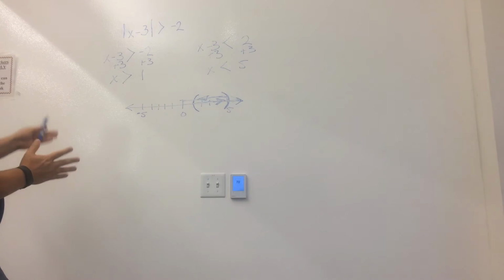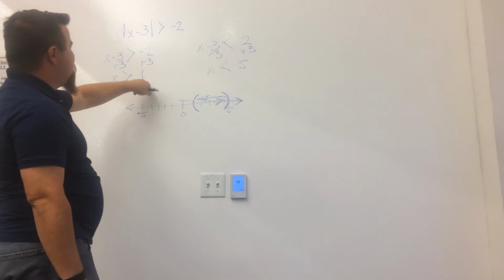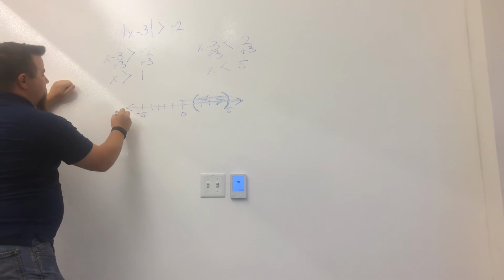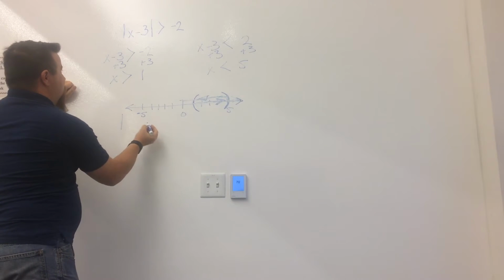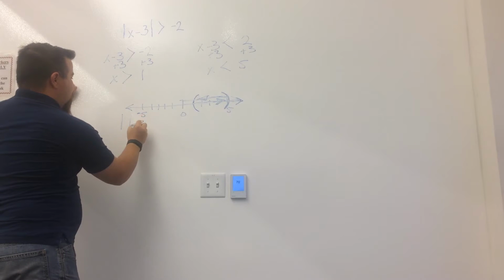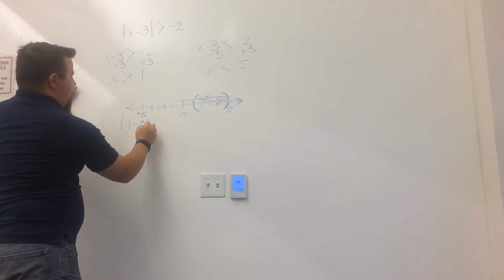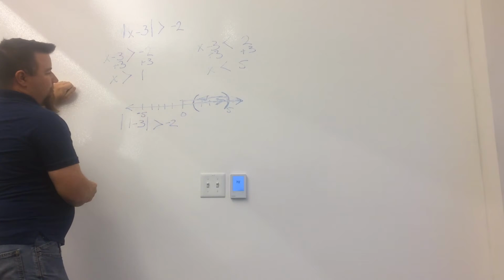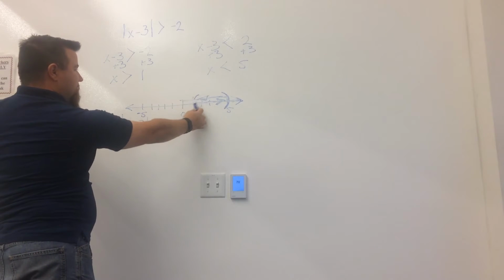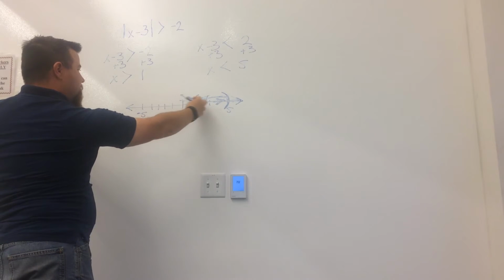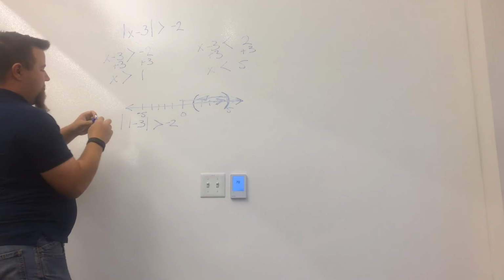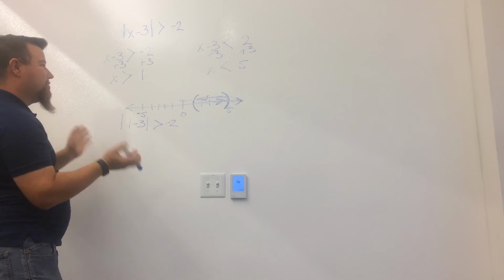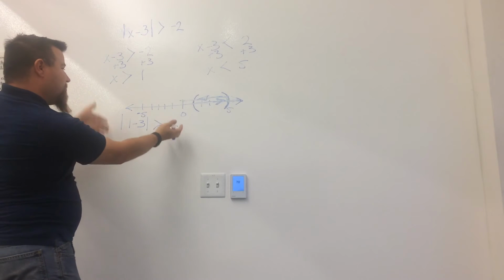Okay? So then we take and put these answers back up to here. And so we have the absolute value of 1 minus 3 is greater than negative 2. I mean, you can already see that all of these numbers are going to be the right answer. But just so that you can see it mathematically here.